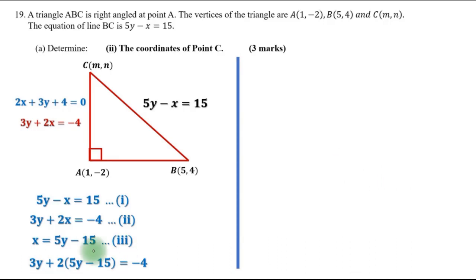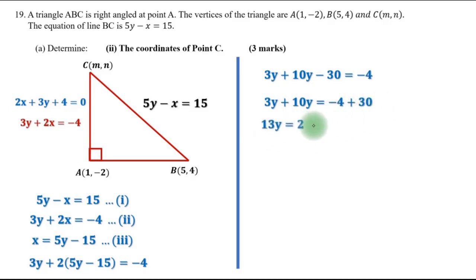Therefore, this will be 3y plus 10y minus 30 equal to minus 4. So we add the like terms. We have 13y, that is 3y plus 10y, equal to minus 4 plus 30, which will be 13y is equal to 26. Therefore, y will be equal to 2.